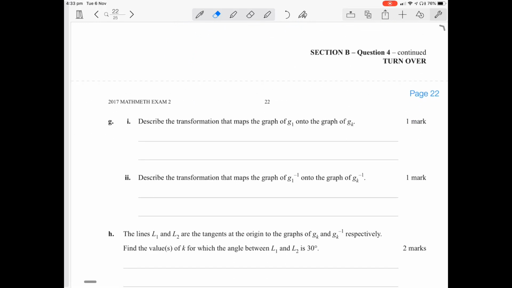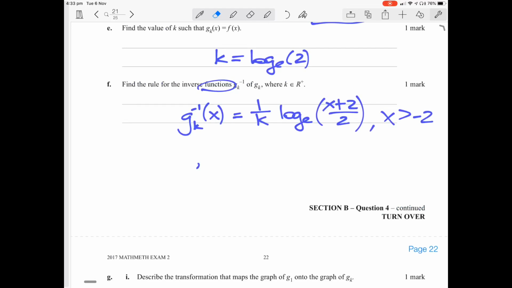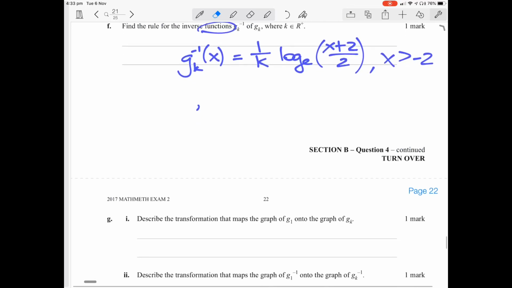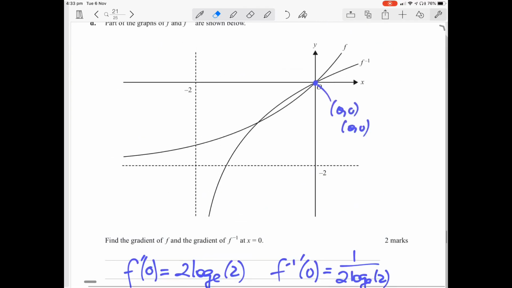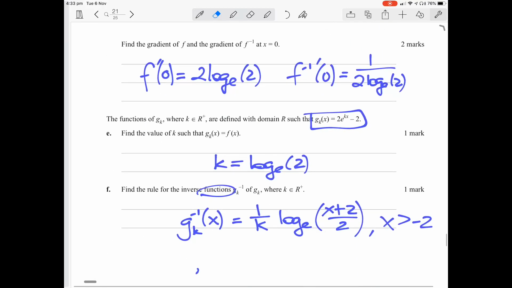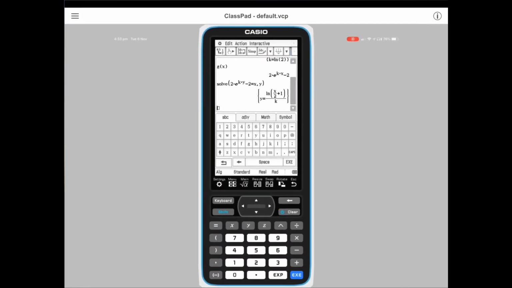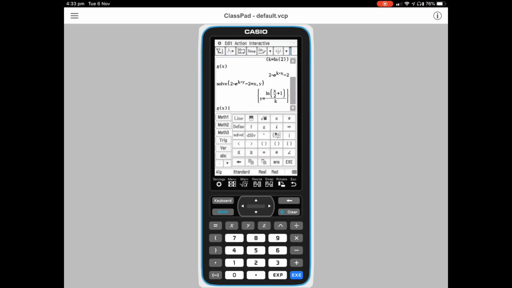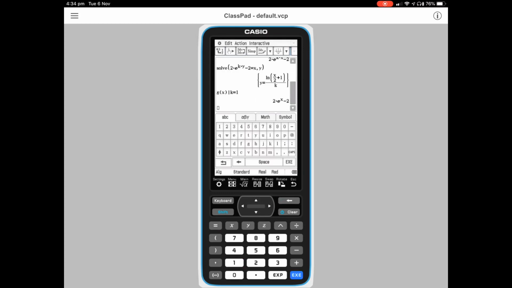Okay, describe the function that maps the graph of g_1 onto the graph of g_k. So, what is g_1? In this case, given k equals 1, we get 2e to the x minus 2.